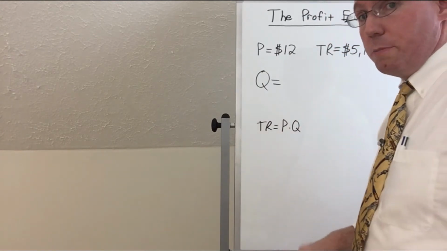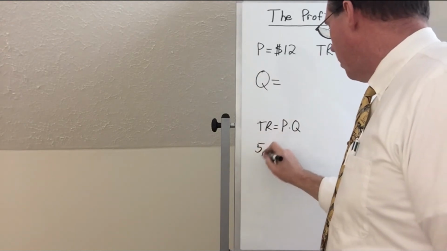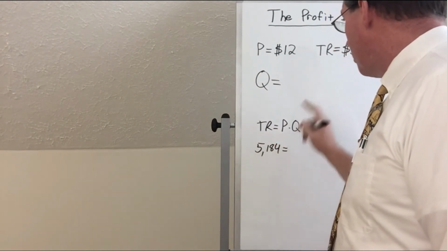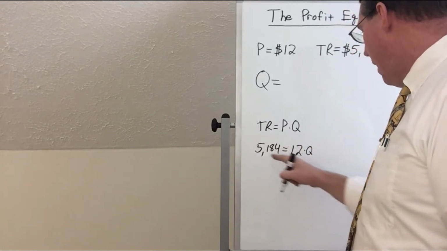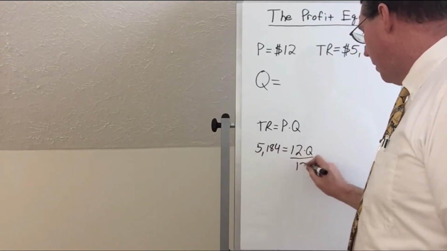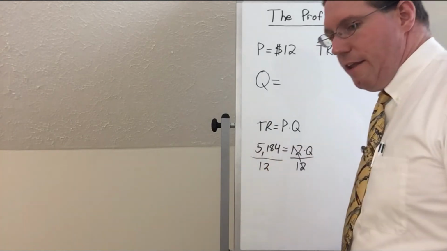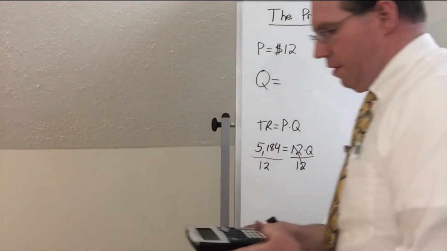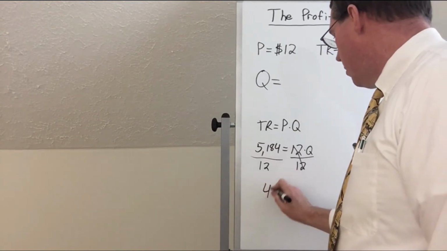And so what we'll do is we'll just put in the numbers. Total revenue is $5,184, which is equal to price, which is 12, times Q, right? And now, algebraically, we just divide by 12, cancel, divide by 12, and 5,184 divided by 12 is 432.